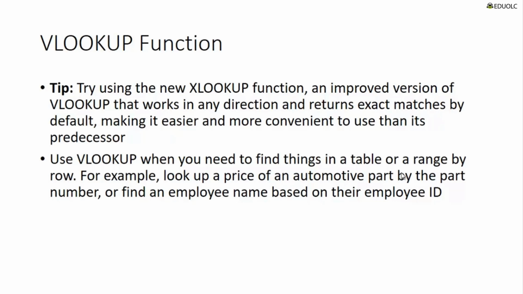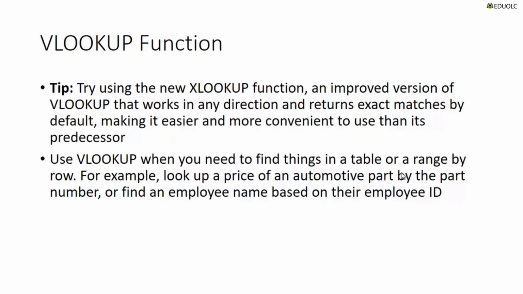Alright, use VLOOKUP when you need to find things in a table or range by row. That is, for example, if you type the data in different columns, column A, column B, column C, column D, column E and so on. Now you want to find out the values in column B based on the entries made within column A. So every row of column A you want to look up using VLOOKUP.